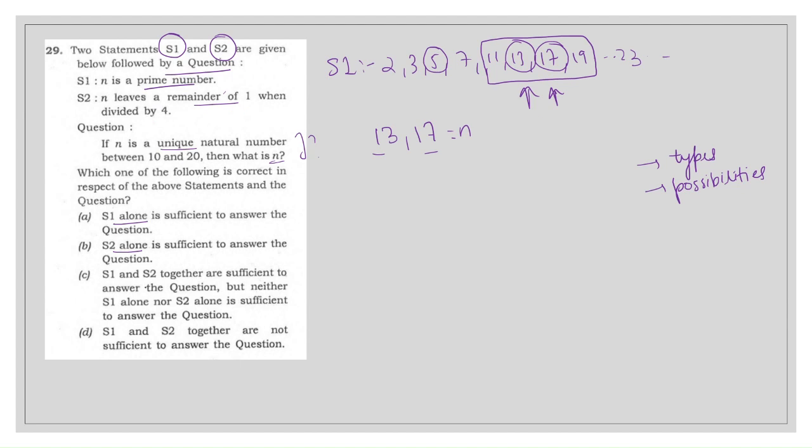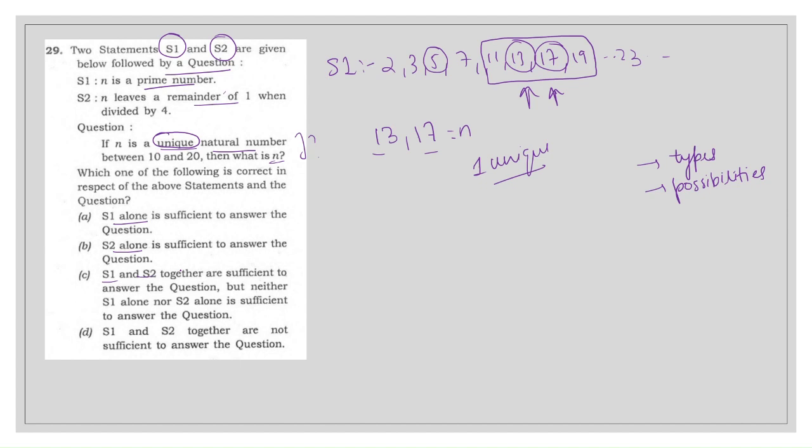Then the third option says S1 and S2 together are sufficient to answer the question. So S1 and S2 together also are not sufficient to answer the question. The reason being, here we are focusing on the word unique. So n is a unique natural number. There is no such one unique natural number present here. There are two such natural numbers. So obviously, both of these together are also not sufficient to answer the question.